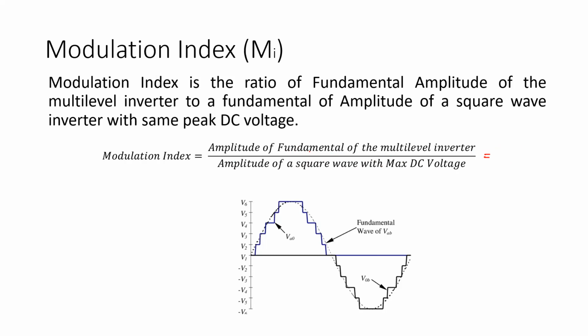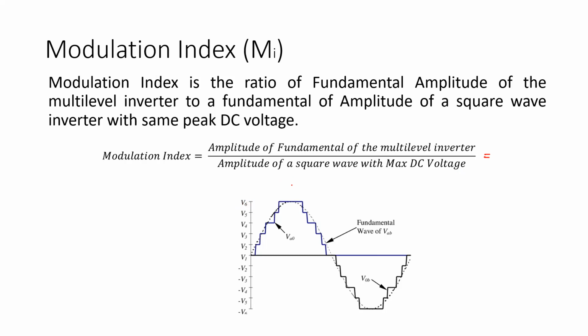So in here, we have the amplitude of the fundamental of the multi-level inverter, and the denominator can also be expressed in other words. Here I have included the amplitude of a square wave with max DC voltage. Max DC voltage here is V6 in this case.